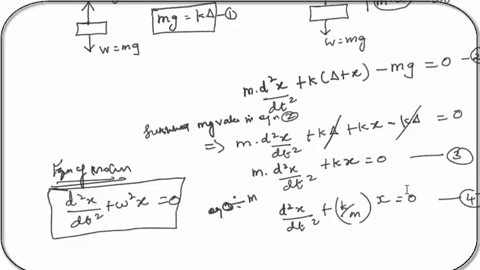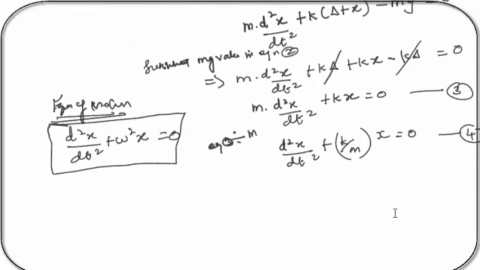Now I am going to compare these two equations, equation number 4 and the equation of motion. You can easily understand that d square x by dt square is common in both, and the only difference is that here omega square is there, and here k by m is there.